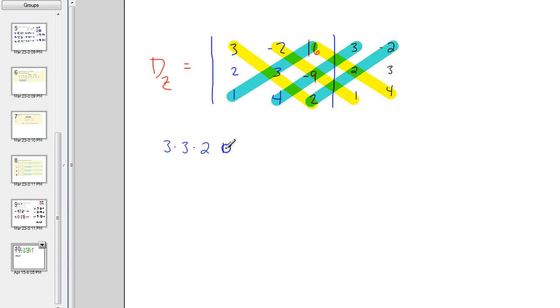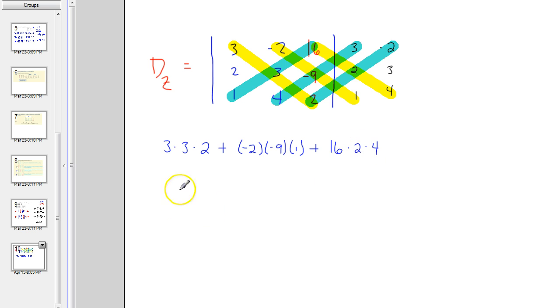So if it's in yellow, it's plus. Negative 2, negative 9, and 1 gets multiplied together. And then it's plus because this last one is also positive. It gets yellow. So the yellow again are positive. 16, 2, and 4. All right, all that gets added.